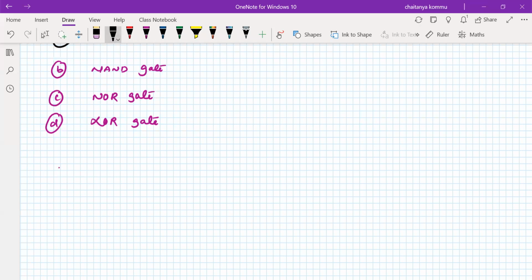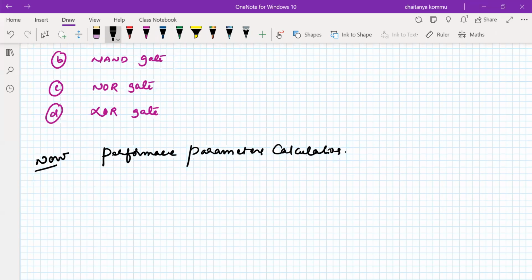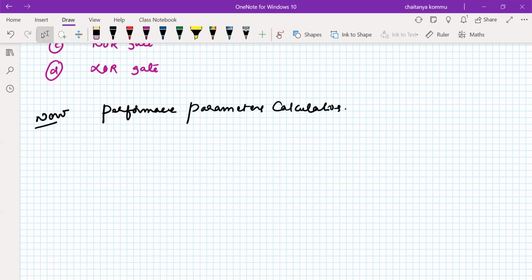So now we are going to see performance parameters calculation. Let us consider a very simple thing, based on sheet resistance and capacitance.